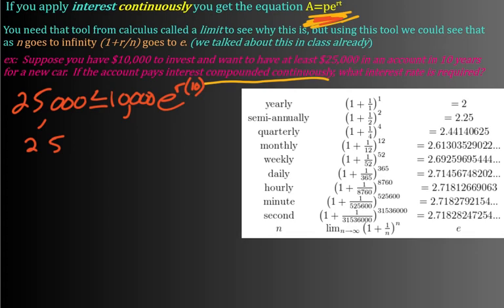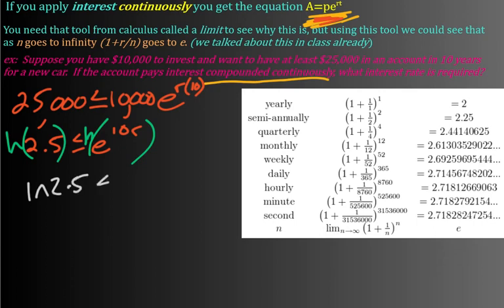We want at least 25,000, so we should allow for it to be bigger as well. All right, now to solve that, we just use natural log. We take natural log of both sides. That'll cancel the e, so then you have natural log 2.5 less than or equal to 10r.